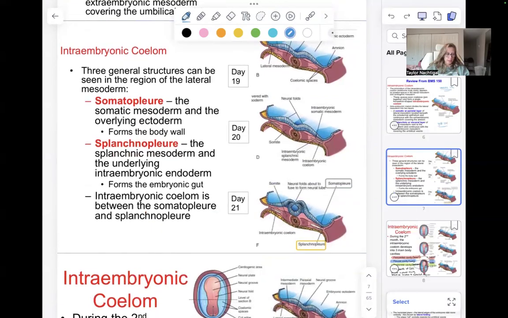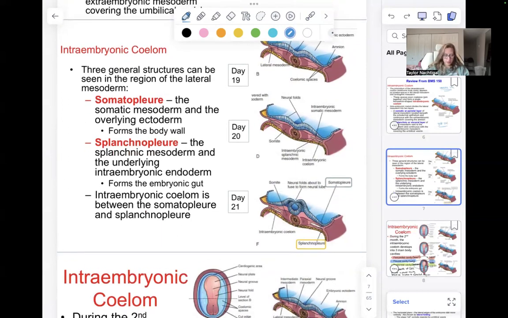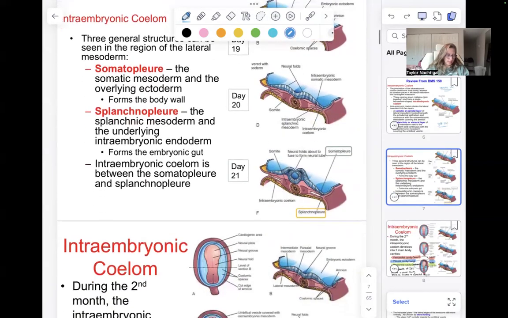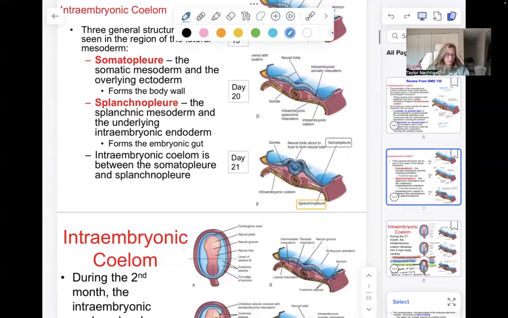So we've got three structures seen in the lateral mesoderm at this point: the somatopleure, which is again this part, the splanchnopleure, which is this part, and the intraembryonic coelom, the fluid cavity in the middle. The splanchnopleure is going to give rise to much of the, let's see if my pen is working.